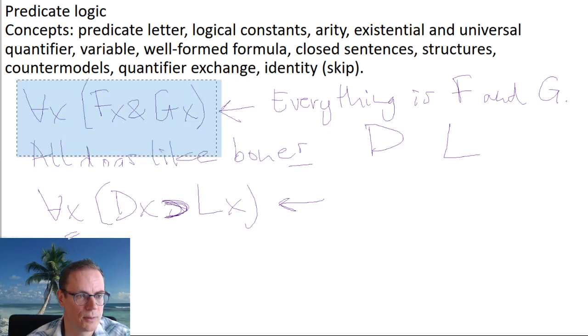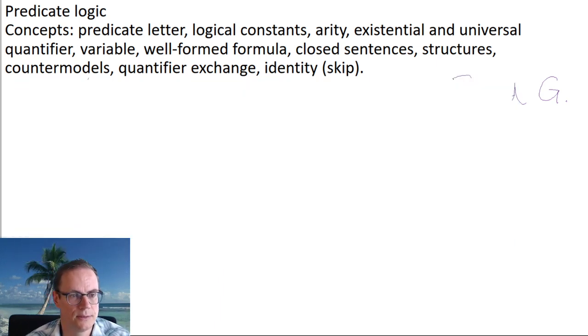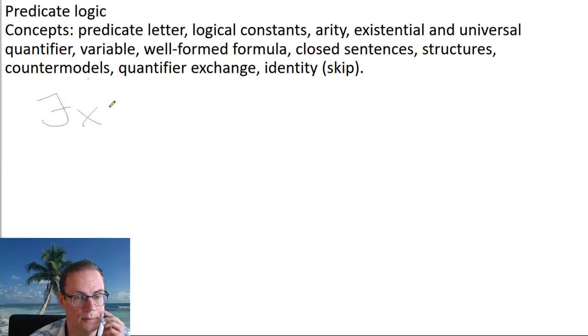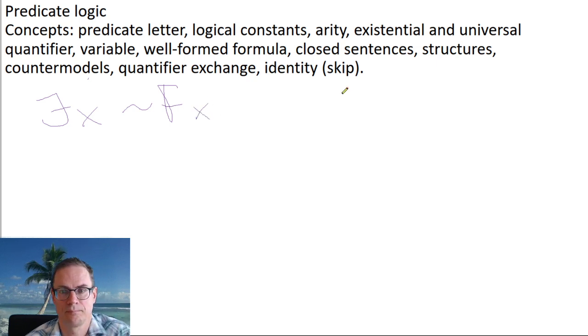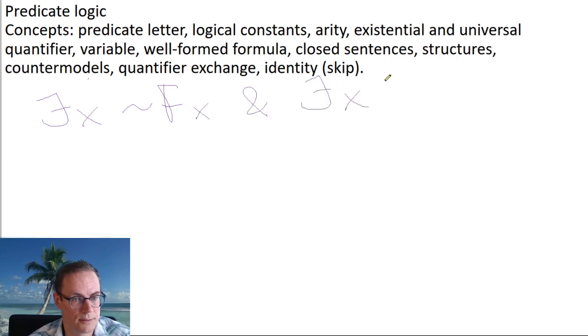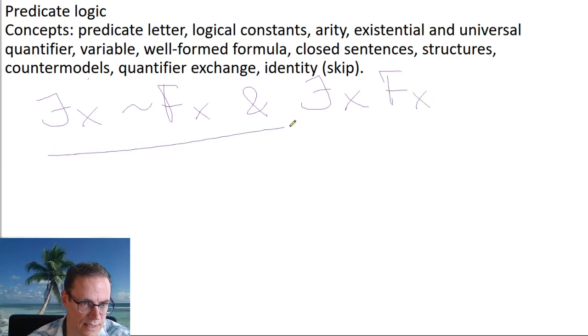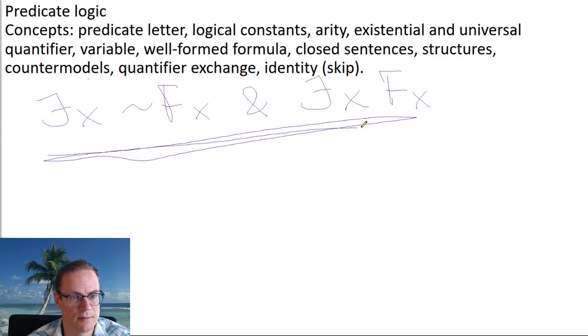Now, we can also combine, of course, these quantifiers with negation. We can say that there exists an x such that not fx, and maybe there is something that is fx. So this statement says that something is not f and something is f.